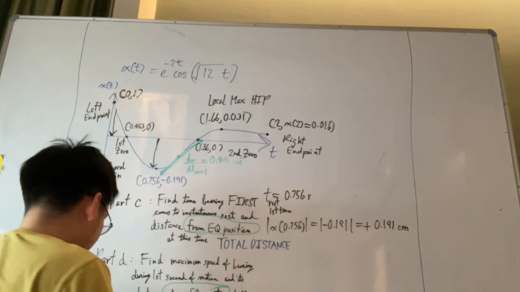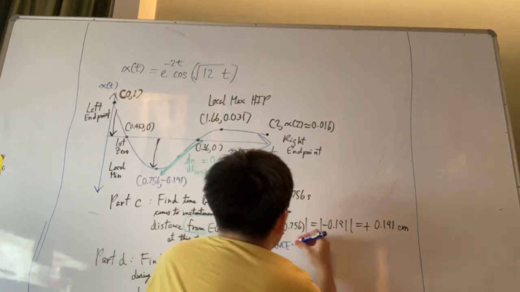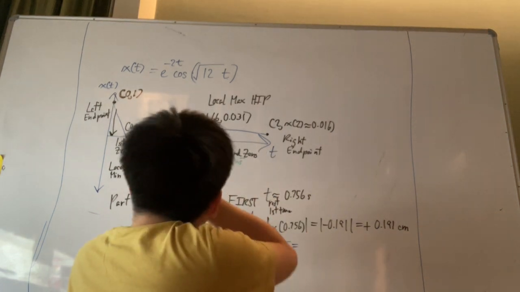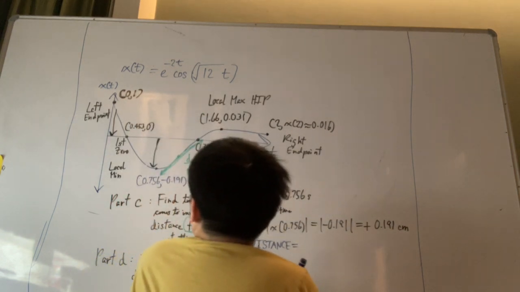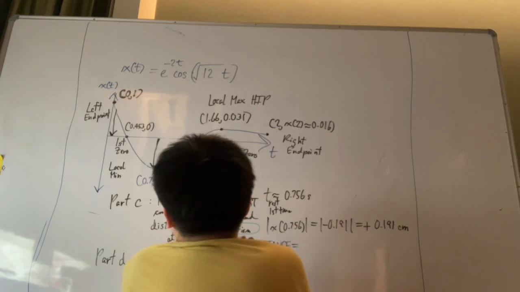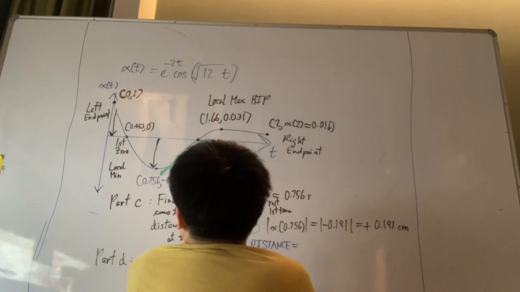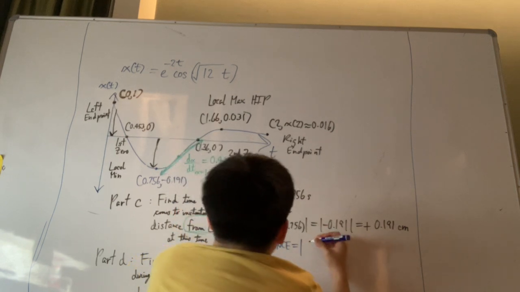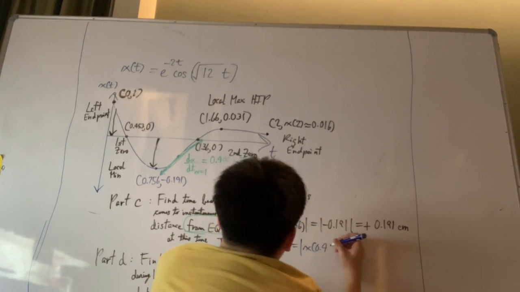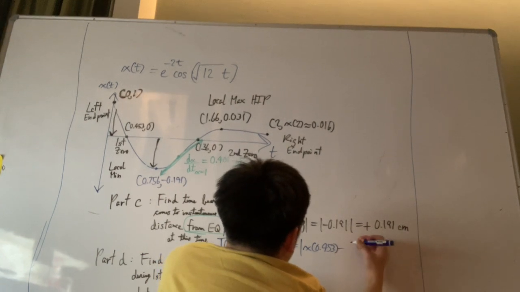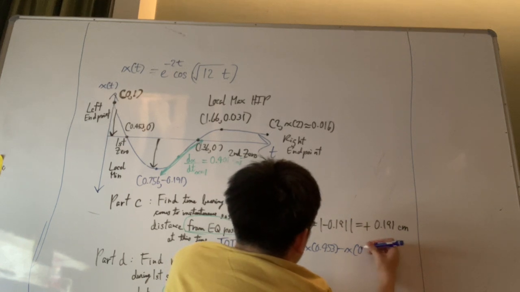So if that were the case, this would basically be the absolute value of x of 0.453 minus the absolute value of x of 0.